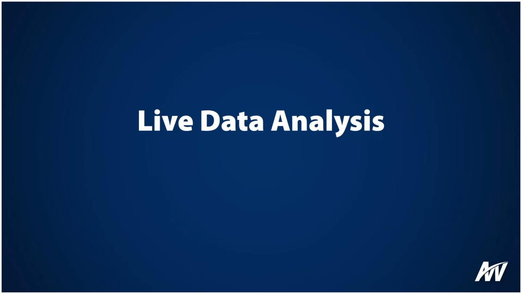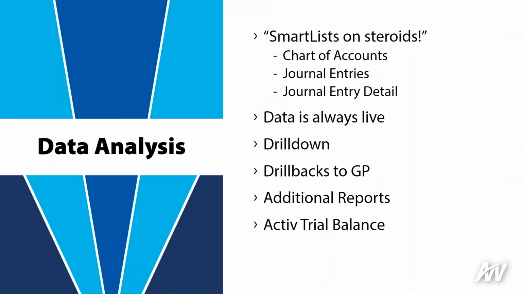Okay, so we can start talking about live data analysis. As before, just a few quick features about our data analysis capability. The data presentations in ActivReporter could be and have been called smart lists on steroids. So we've got three of these data presentations available: the chart of accounts, journal entries, and journal entry detail.